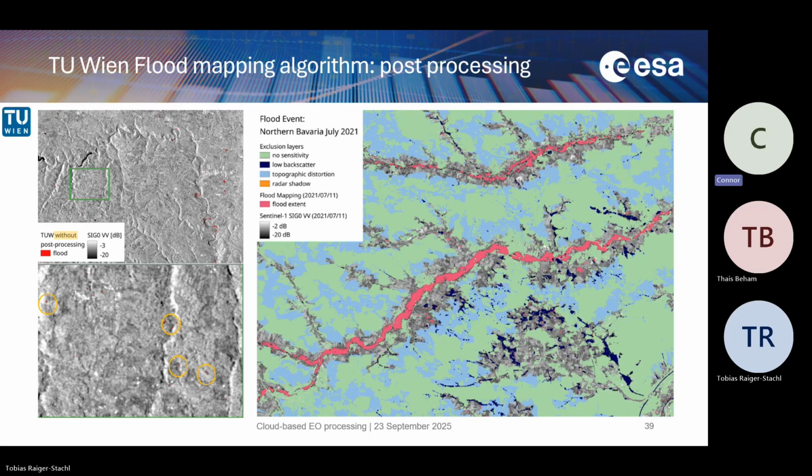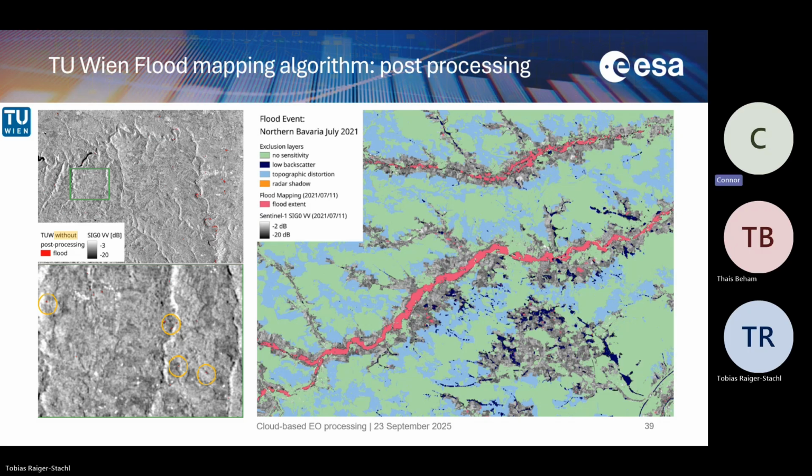And there are also other important aspects like radar shadows. The side-looking geometry of Sentinel-1 impedes us from seeing behind a really high morphological obstacle, and then it's important to flag that as radar shadow.